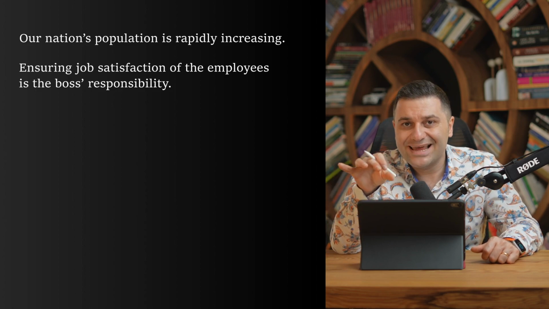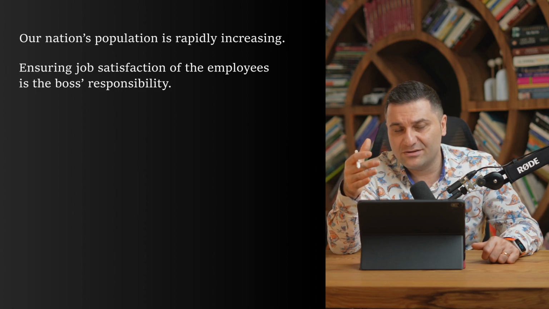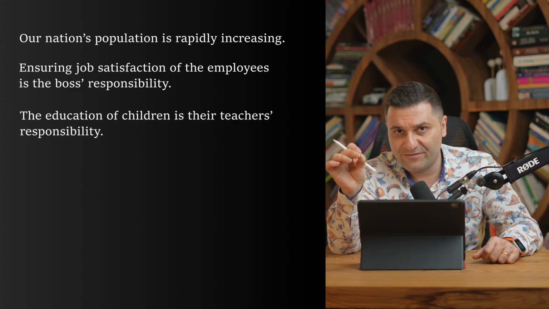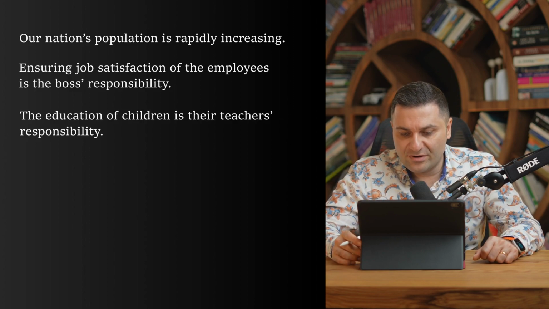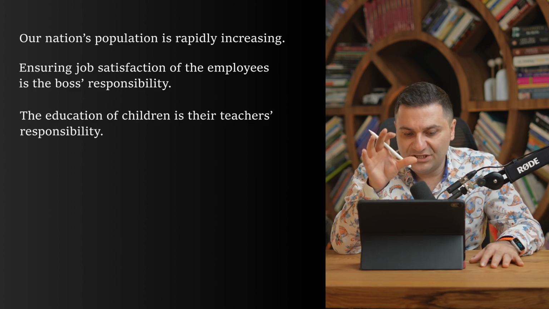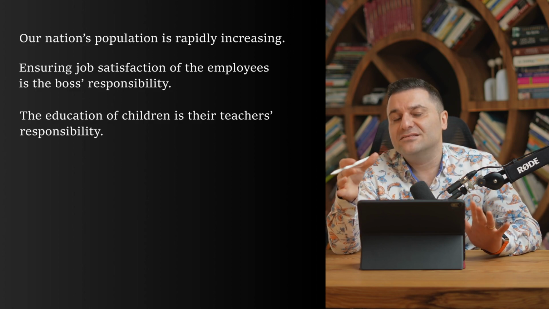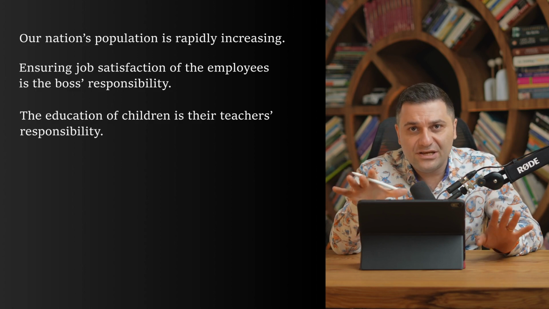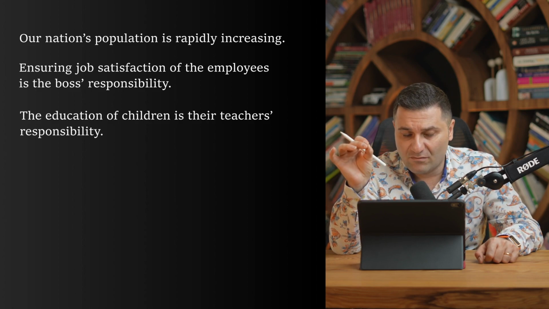So boss ends in S, so we do not use any other S, only an apostrophe. And our next sentence, the education of children is their teachers' responsibility. Here we have teachers as a plural noun, which itself ends in S, so there is no need for another S, only an apostrophe, right?